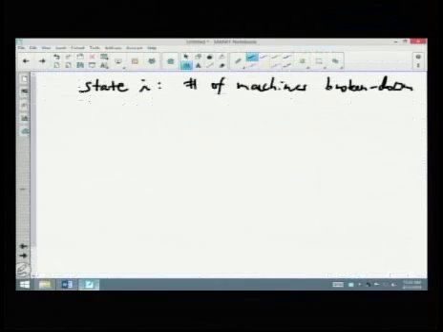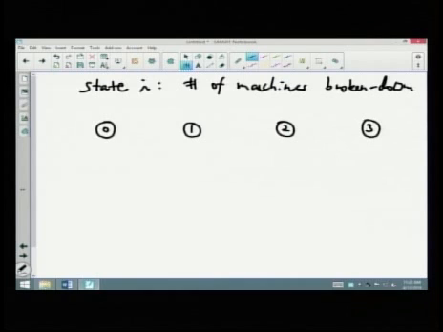So let's build up our Markov chain model. So we have 0, 1, 2, and then 3. Okay, because we are dealing with only 3 machines, so we don't have 4, right? Because at most 3 machines can be broken down. Okay, so write down here.